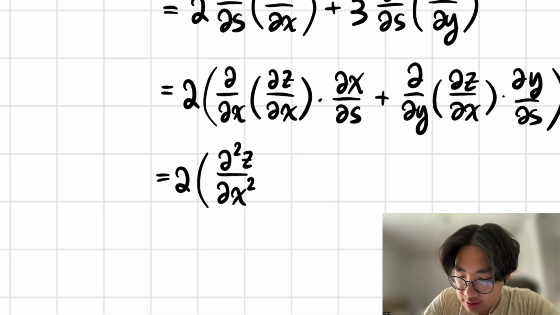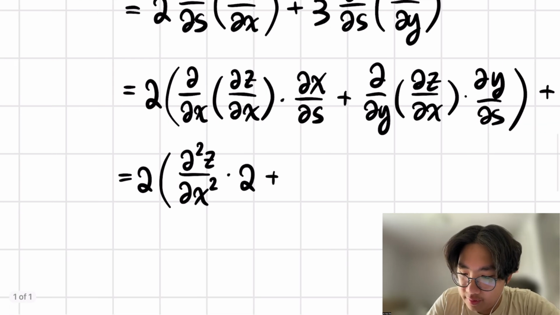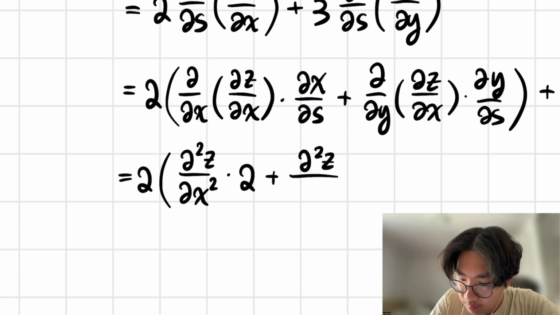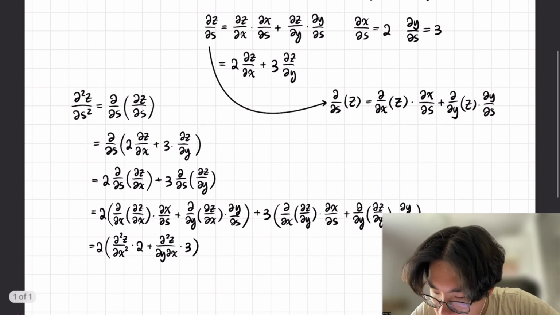And then partial x, partial s, we again know is equal to 2. Partial over partial y of partial z, partial x is just partial squared z over partial y, partial x. And then partial y, partial s, we again know is equal to 3. And let me just check to make sure.